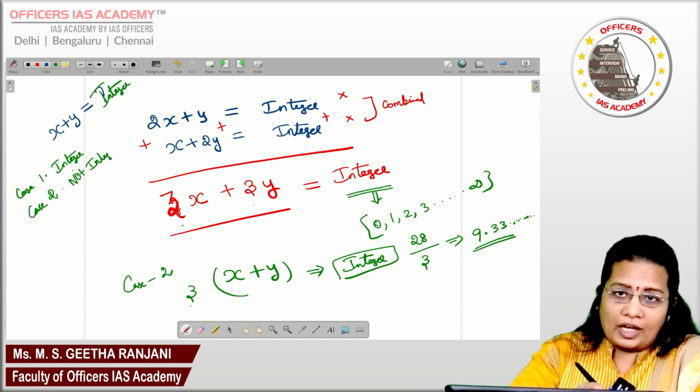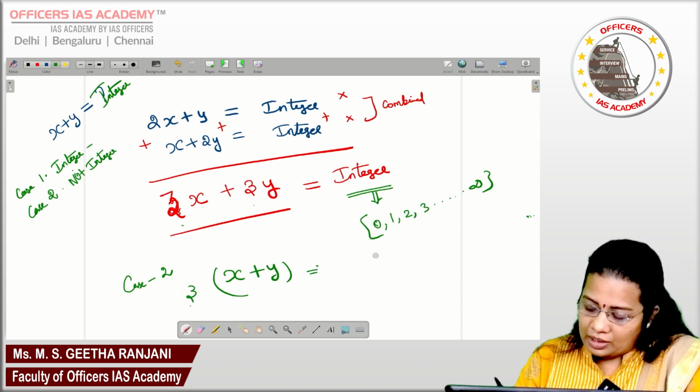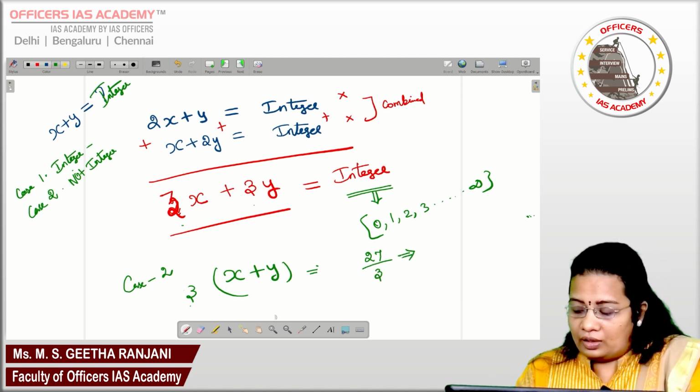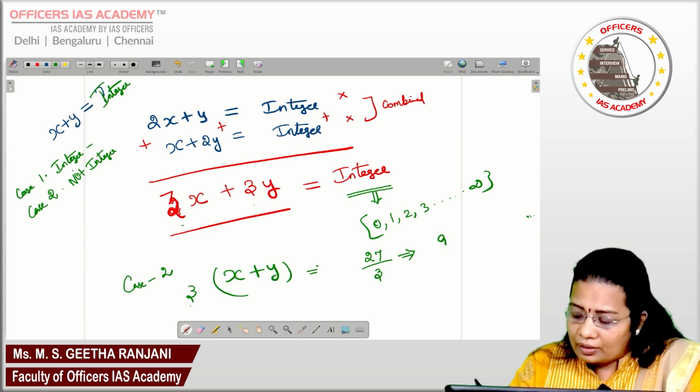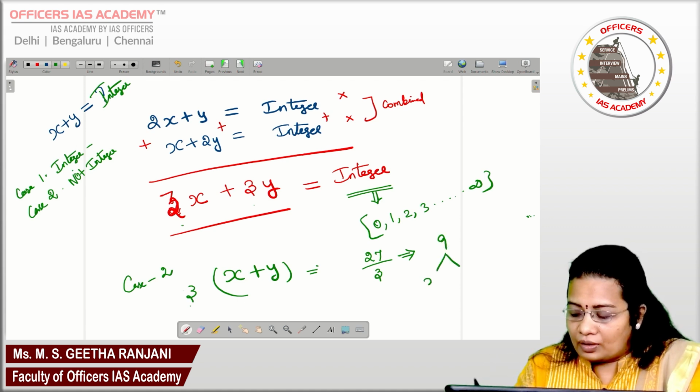Even in the first case, I told you the 27 value, okay? 27 divided by 3 will give me the integer value 9. Here also there are so many possibilities for x and y. x plus y is 9.